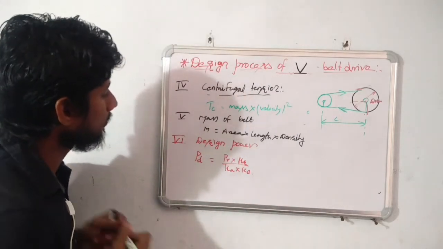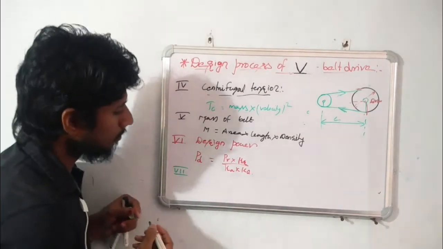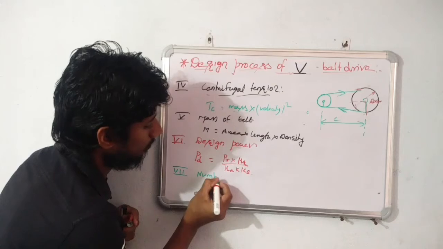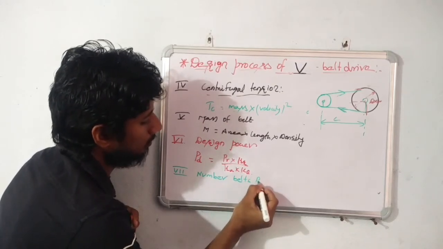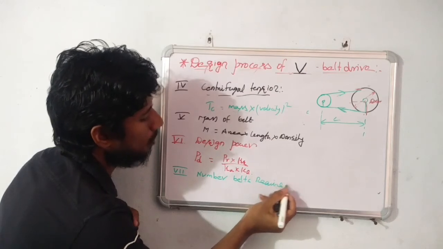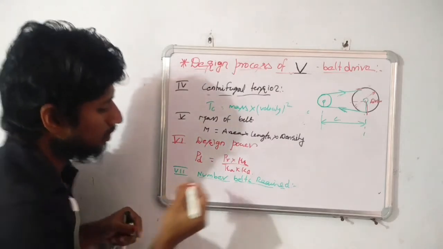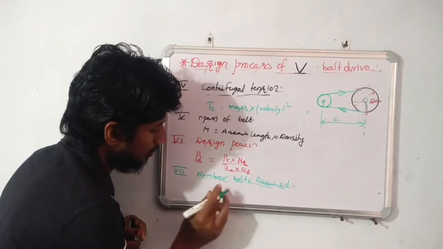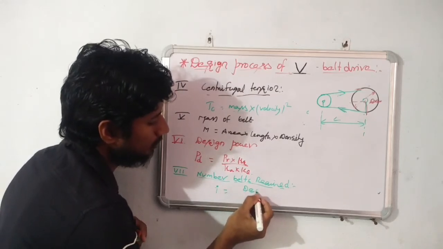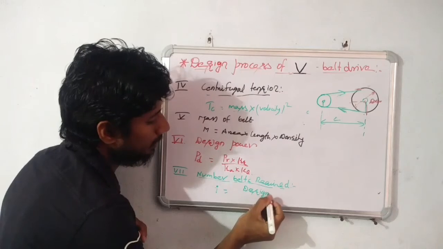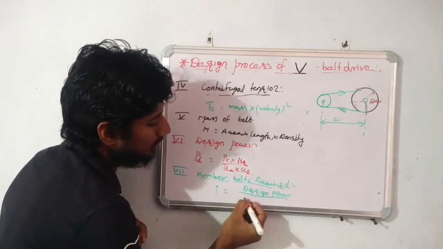And go to the next one, seventh one, number of belts required. How many belts are required here? It is denoted by I, that is equal to design power by actual power.